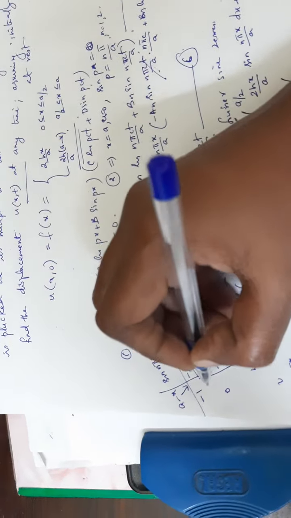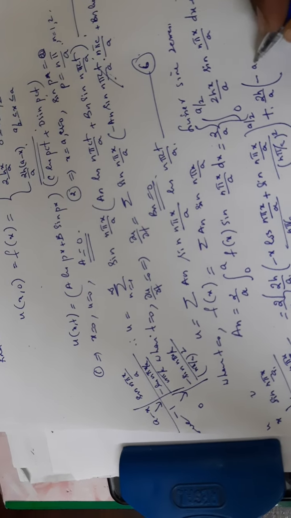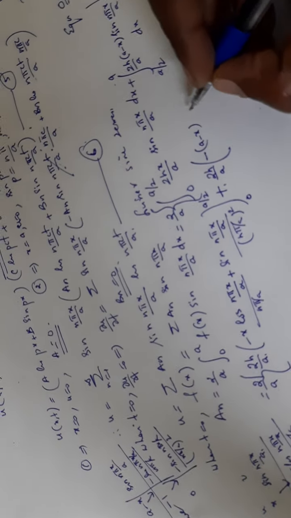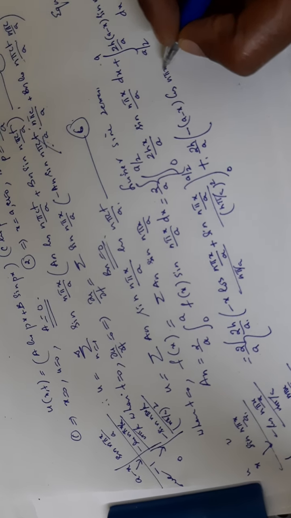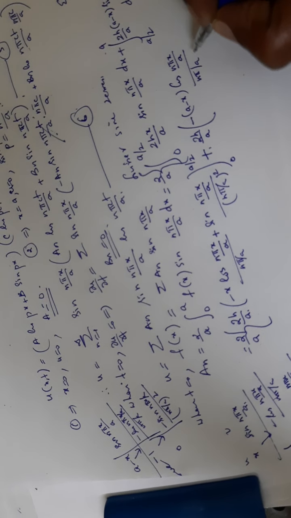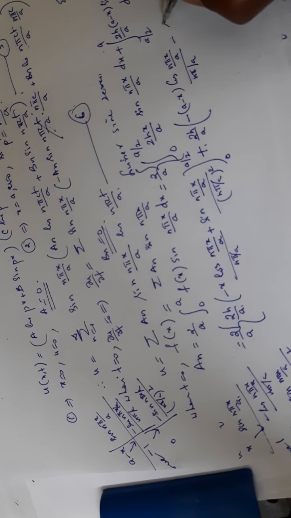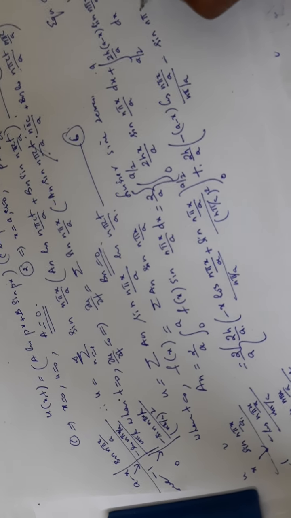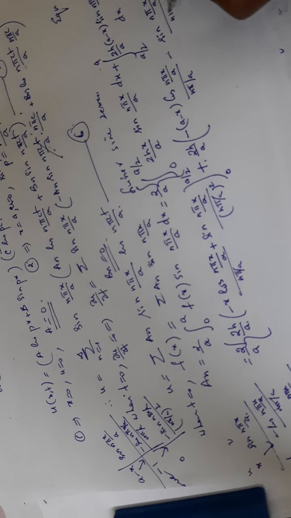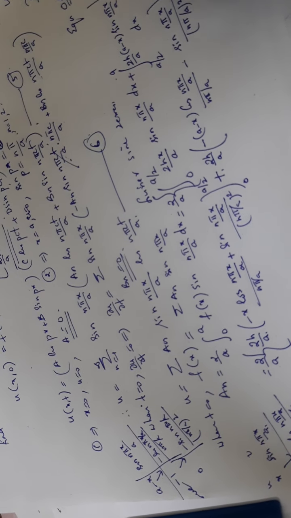So the product here is negative. So minus a minus x into cos n pi x by a by n pi by a. Next, minus minus minus, so minus sin n pi x by a by n pi by a the whole square. Limit from a by 2 to a.